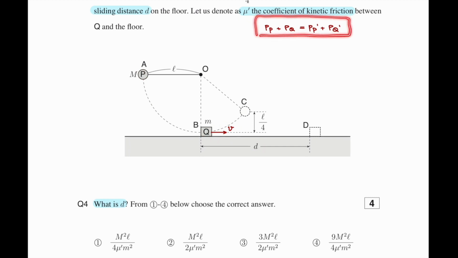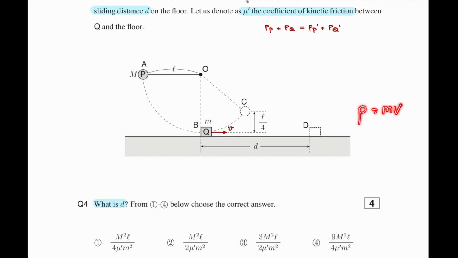This conservation of momentum occurs at position B because we look at the moment before it collides and right after it collides, and that moment happens at point B. So this equation is at point B. Momentum of P at point B, the formula of momentum is mass times velocity.